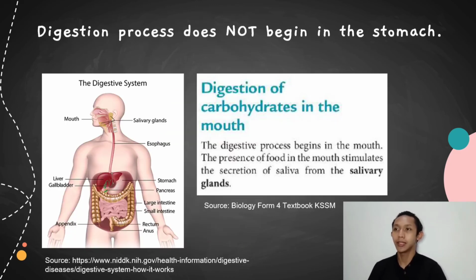Okay, actually the digestion process does not begin in the stomach. As the textbook mentioned, the digestive process begins in the mouth, where the presence of food stimulates the secretion of saliva, which mostly digests carbohydrates, and then the digestion process continues in the stomach.